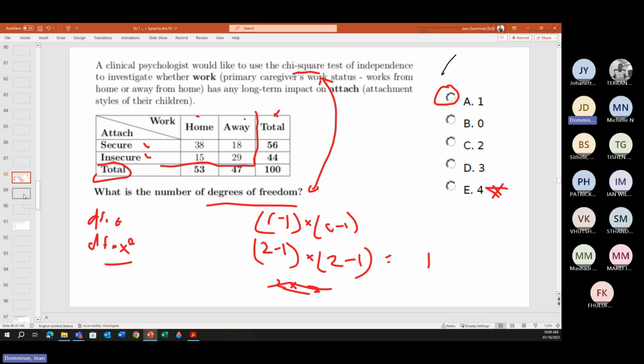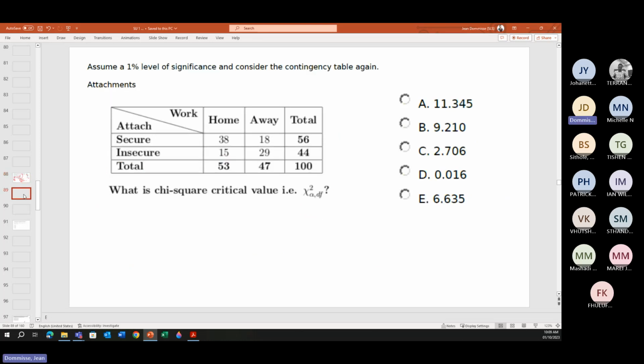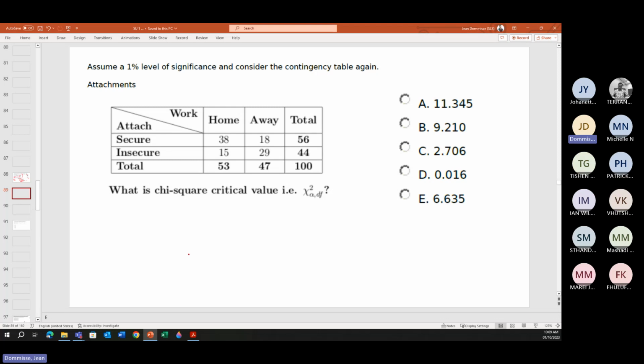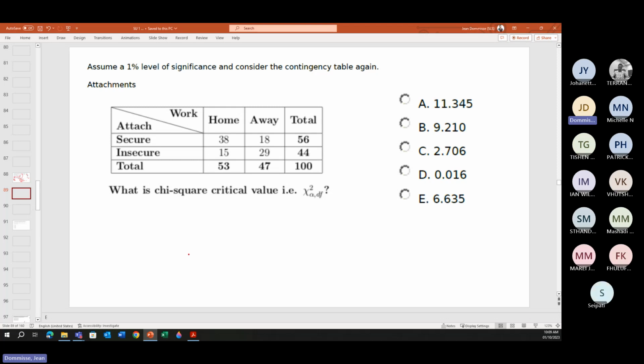Okay, so the next one, I thought also, because also on the chat, when the study unit was running, there were questions around how do we calculate certain things, and how do we get to use the table.